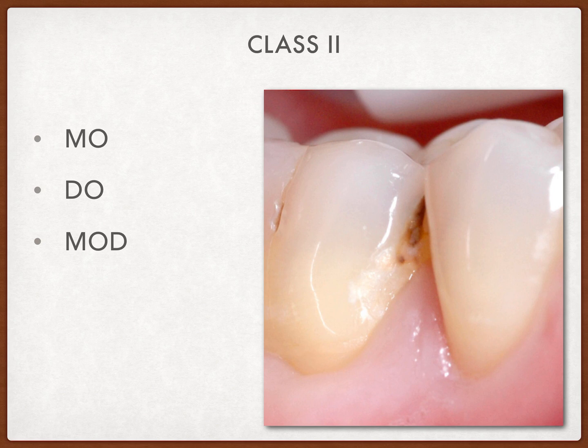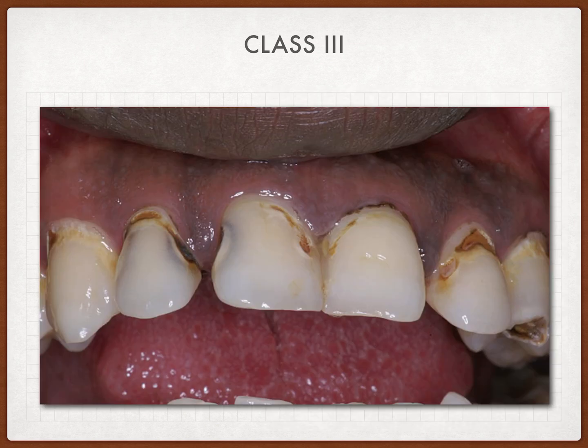And of course, because we will always enter from the occlusal surface, it will be either an MO, mesial occlusal caries, DO, distal occlusal caries, or MOD, the mesial occlusal distal caries.